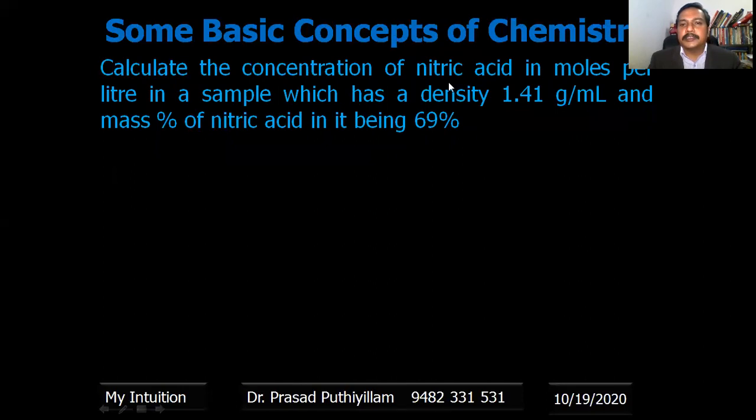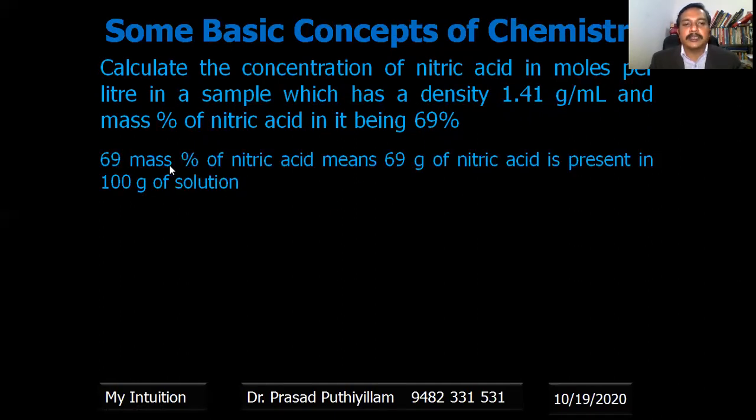Calculate the concentration of nitric acid HNO3 in moles per liter in a sample which has a density of 1.41 gram per ml, with the mass percentage of nitric acid being 69%. 69% means 69 gram is present out of 100 gram of the solution. So 69 mass percentage of nitric acid means 69 gram of nitric acid is present in 100 gram of solution. That means we got the mass of solution.